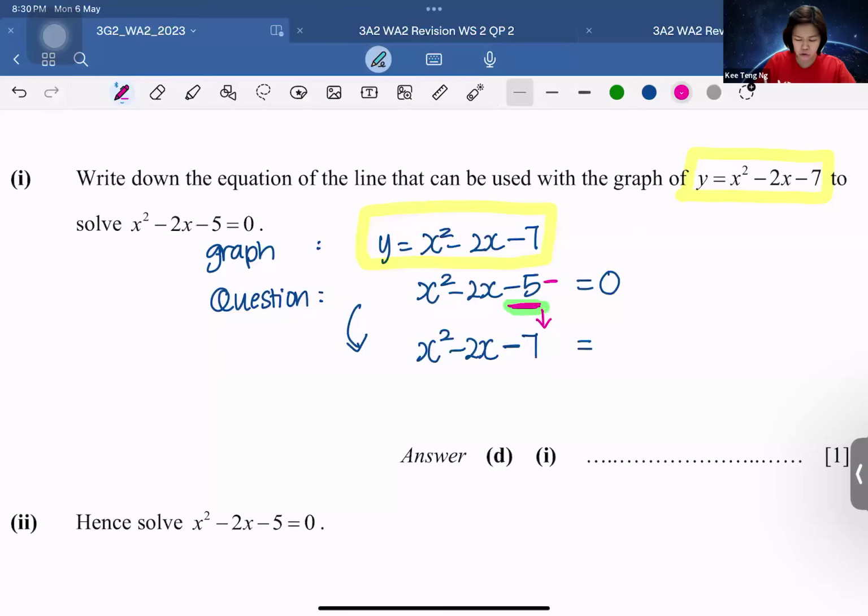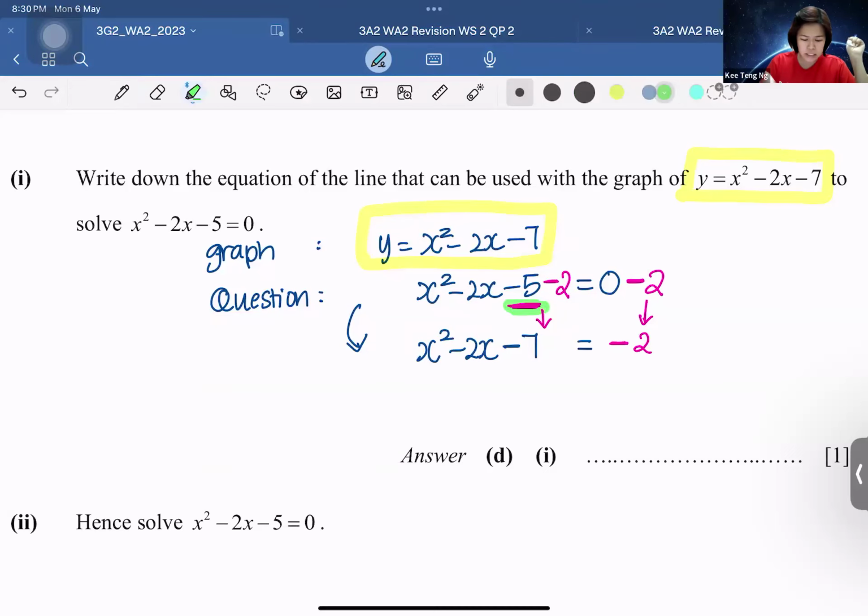So I subtract 2 on the left-hand side. Yes, minus 2. I also must subtract 2 on my right-hand side. So it becomes minus 7. This whole portion becomes minus 7. Then this one over here becomes minus 2.